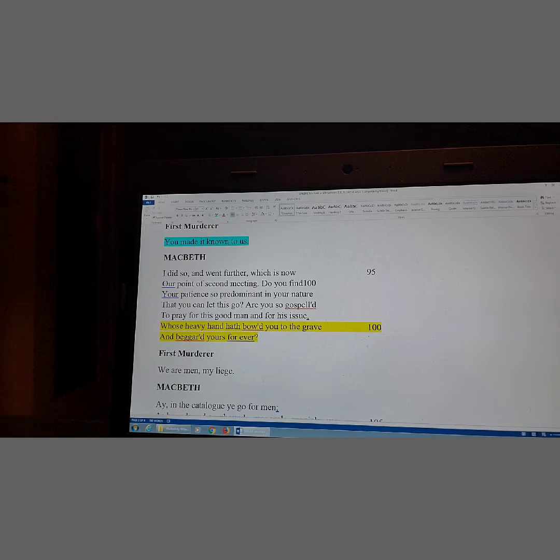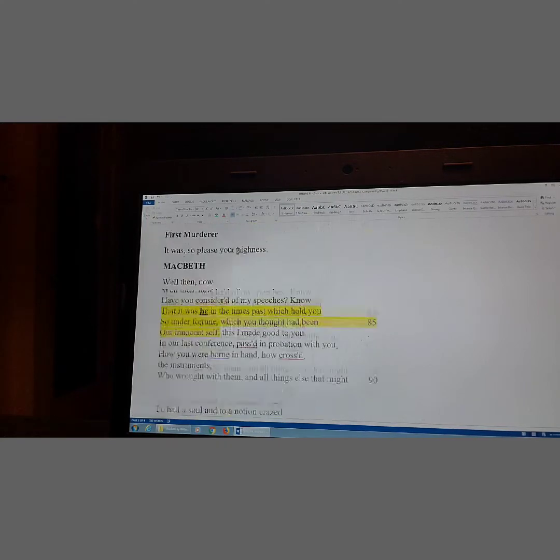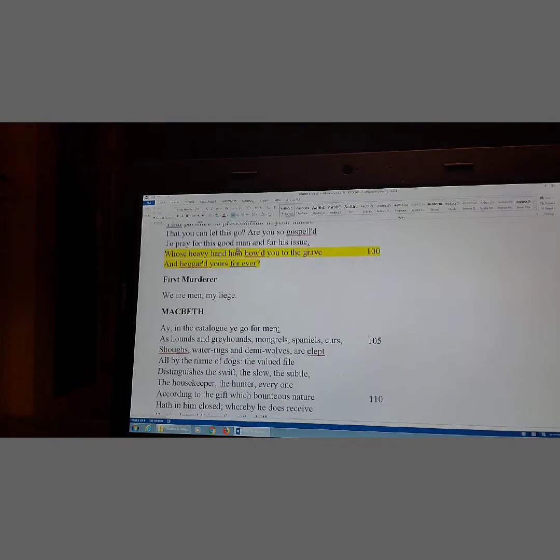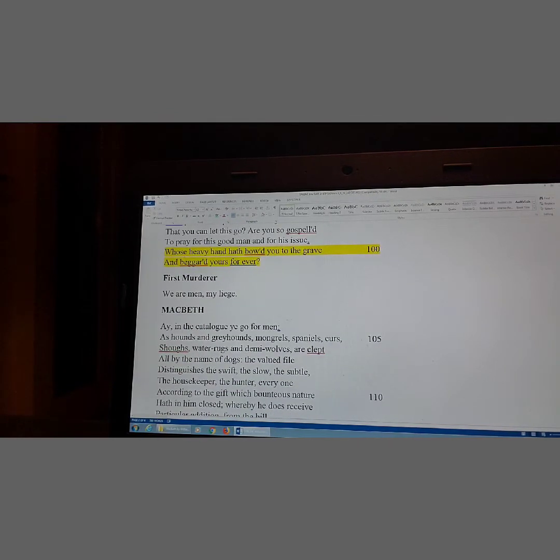Meaning that knowledge came from who? The knowledge came from Macbeth, right? And how does that go back towards manipulation? It says, whose heavy hand hath bowed you to the grave and beggared yours forever. "We are men, my liege."